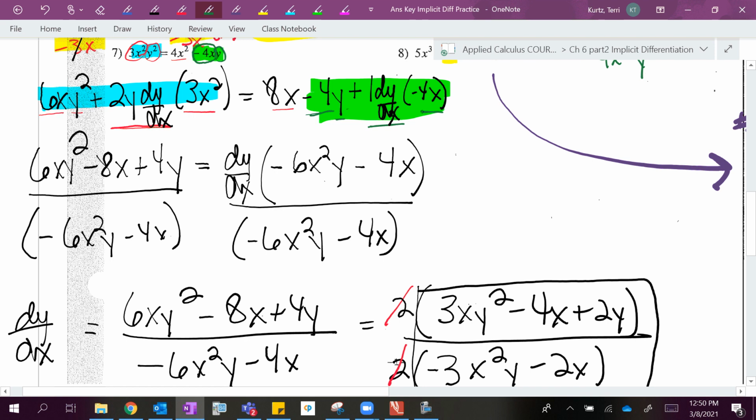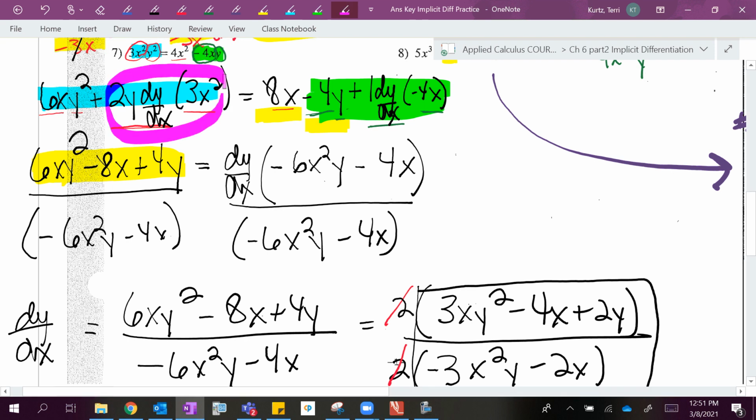function, which is going to be 1 dy dx, times the first function, which is negative 4x. Okay? Then, second part, I did a couple things. Hope this is not too confusing. I went ahead and subtracted the 8x over to the other side and added the 4y over to the other side, just to get all of my non-dy dx terms over on the left-hand side. On the right-hand side, I took this term.